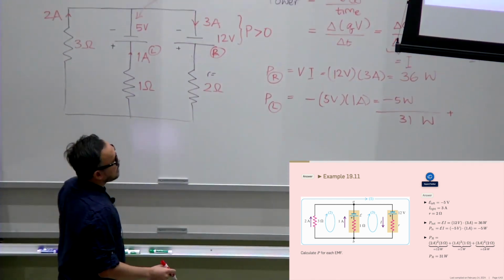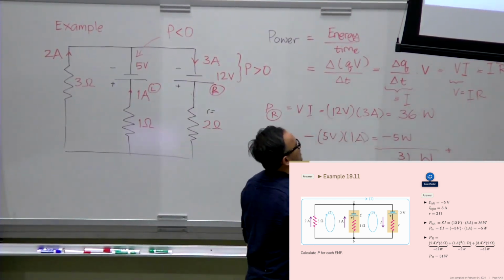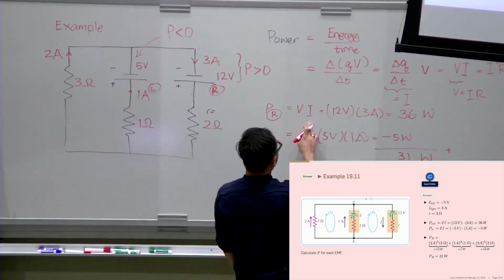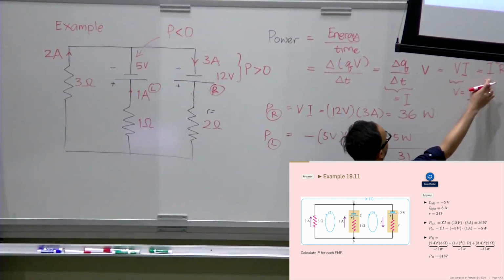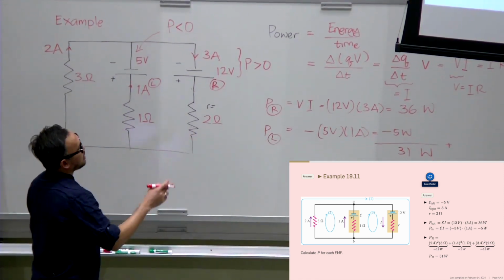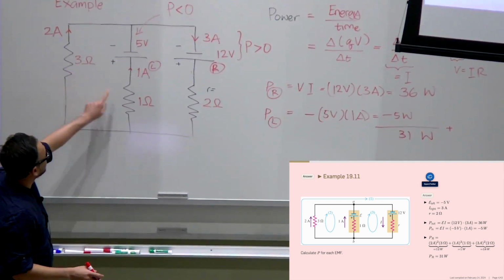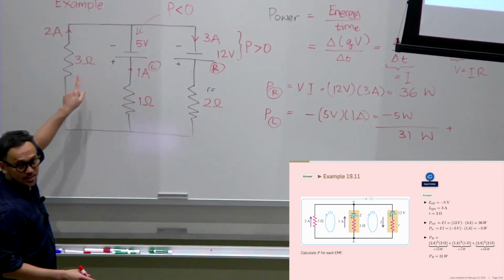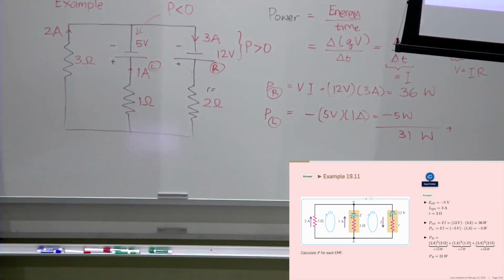And then we use Ohm's law to express VI in terms of I and R, which is equal to I square R. With that equation, we can calculate the energy loss due to resistors. So when you have resistors, you get heat. Those are the energy that the resistors emit.